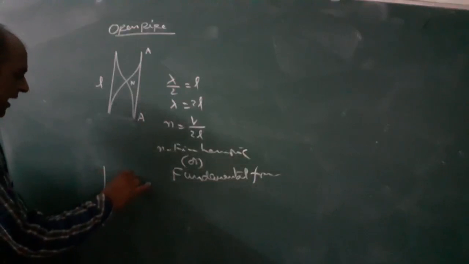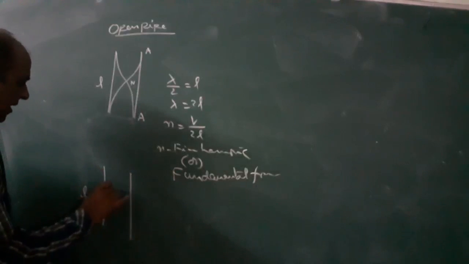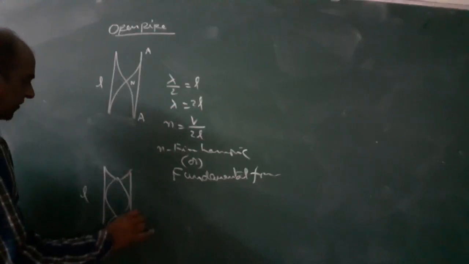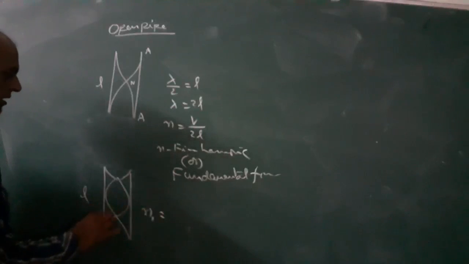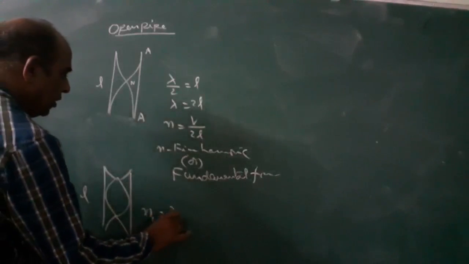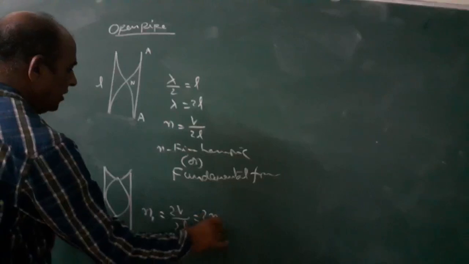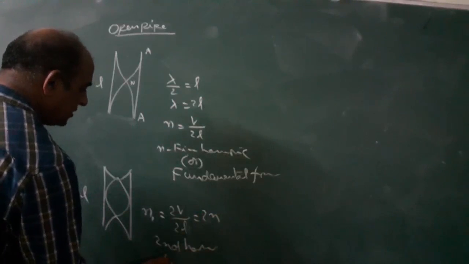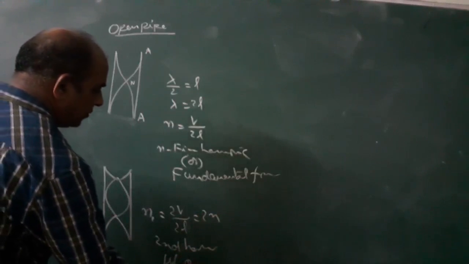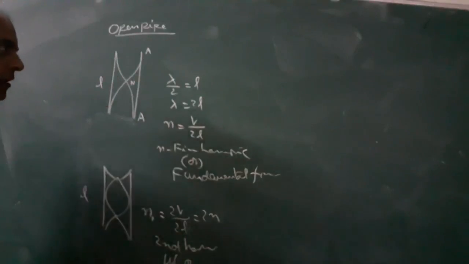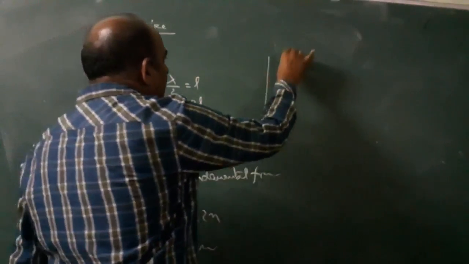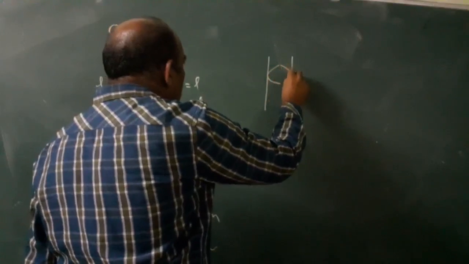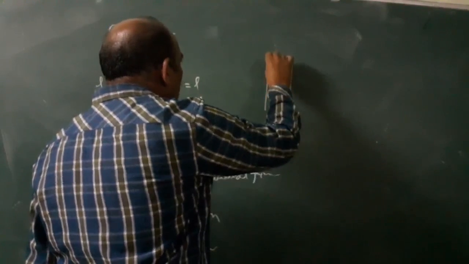In the second case, the length of the pipe is L, and it is vibrating with 2 loops. So this is the frequency in this case: n1 is equal to 2v by 2L, that is 2n. So second harmonic or first overtone. This is the first overtone. In the third mode of vibration, the air column is vibrating with 3 loops, 2 full loops and 2 half loops.